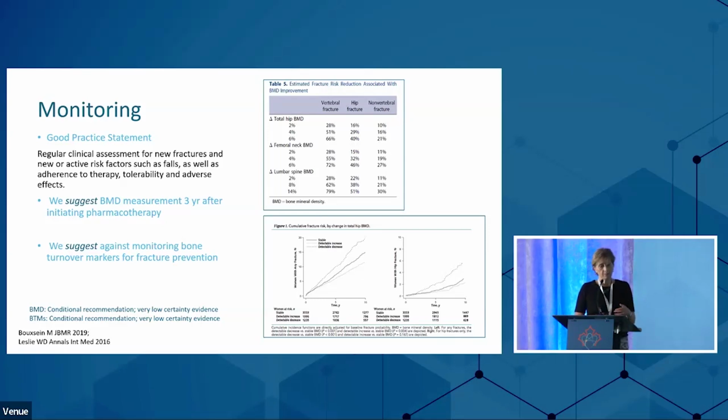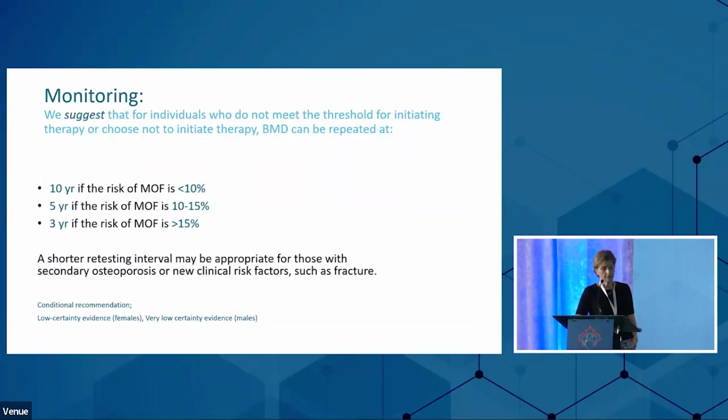In the study up top, you can see that with the change in bone density, we have a reduction in fracture risk, which is why we suggest that people follow bone density. And we don't recommend bone turnover markers. That's a serum test, and in fact is not yet for screening.